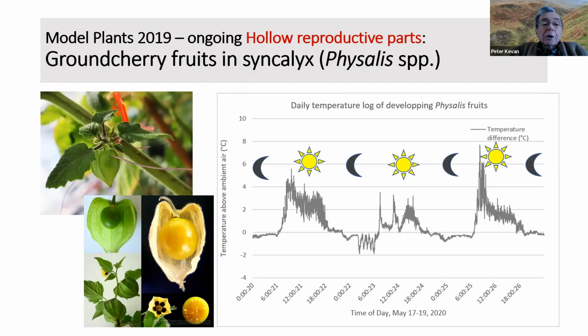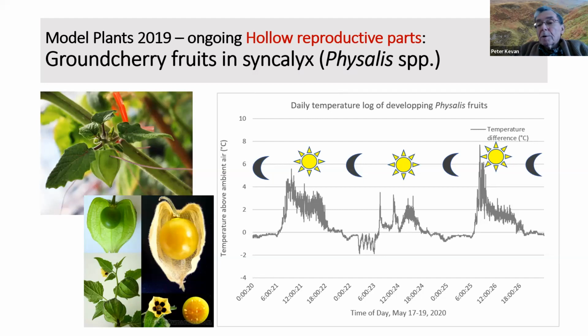We also looked at ground cherry fruits, and ground cherry fruits, as you know, have a sort of hollow syncalyx that surrounds the fruit that one eats. And again, the daily temperature log of developing physalis fruits inside that envelope showed up to 4 and 5 degrees centigrade warmer than the ambient air temperature.